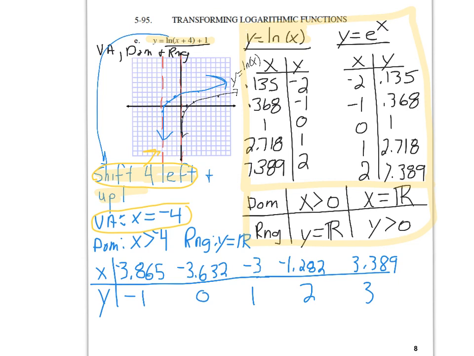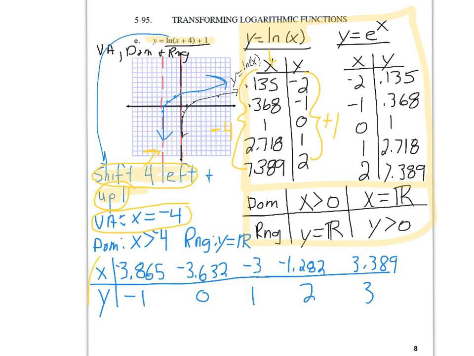Now to build the table, all of my x values have to be shifted 4 to the left, which means I'm going to take all of these x values and minus 4, and then all of my y values are going to have to be moved up 1, so plus 1.